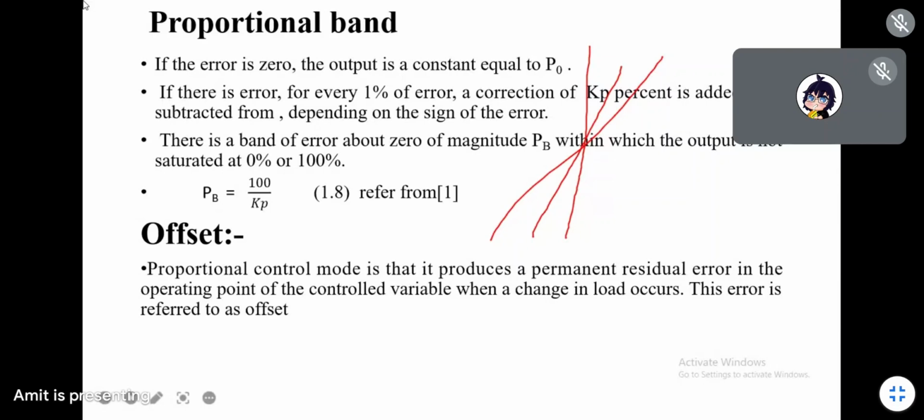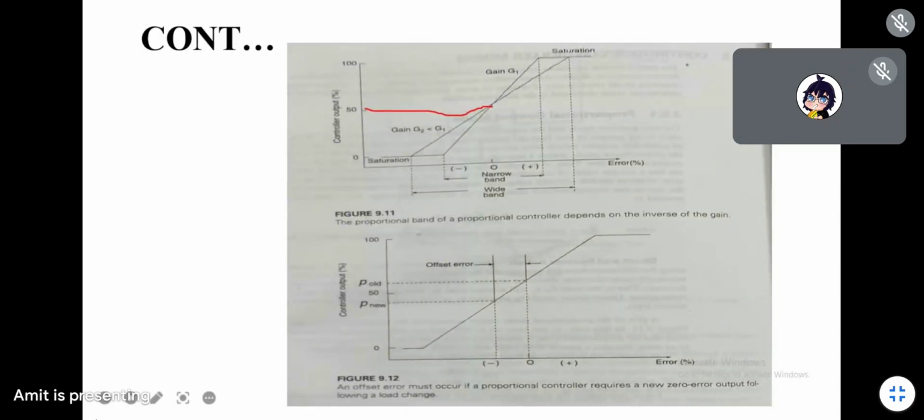Look at this, mark this point. Initially this is 50. Now your set point, whatever value you keep, your cross section is this one. This line: when error is 0, your set point is something which will result in, let's say, 60%.